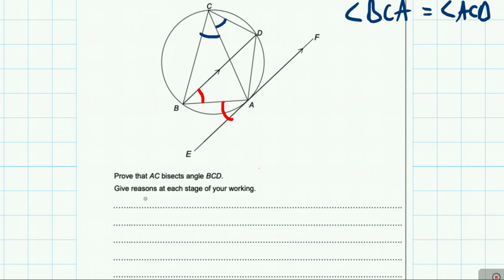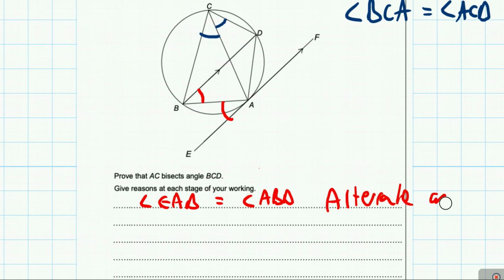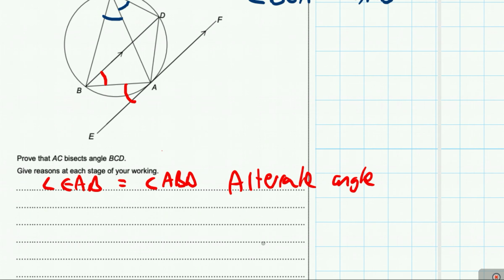So that's going to be angle EAB is equal to angle ABD, and that's through the alternate angle rule, which states that they are equal. So that is just using parallel lines. If they give you something like parallel lines, it suggests that we're going to use it.